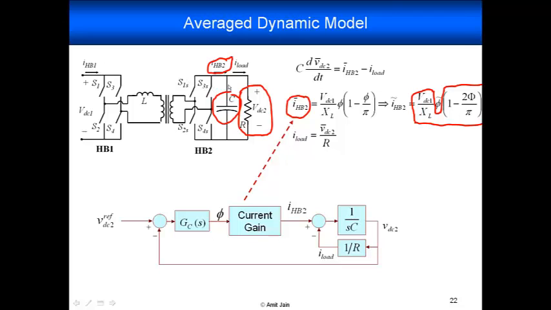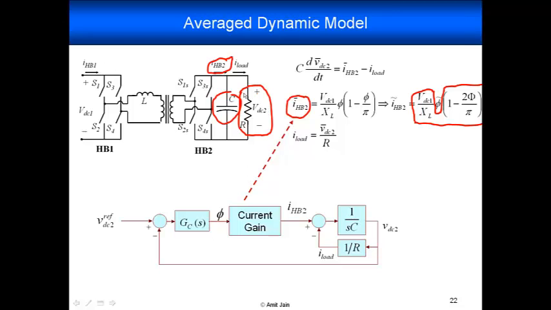To do that, we know that our phase shift phi is the control variable, and that's what we apply to this converter. Now we need a dynamic model for the converter from the phase shift phi to the output voltage, and based on that model we can then go ahead and design a suitable compensator for the system.